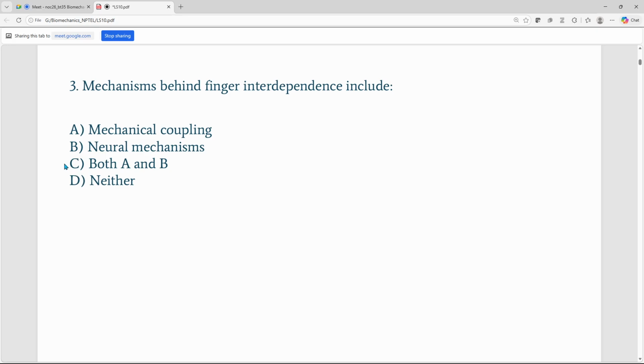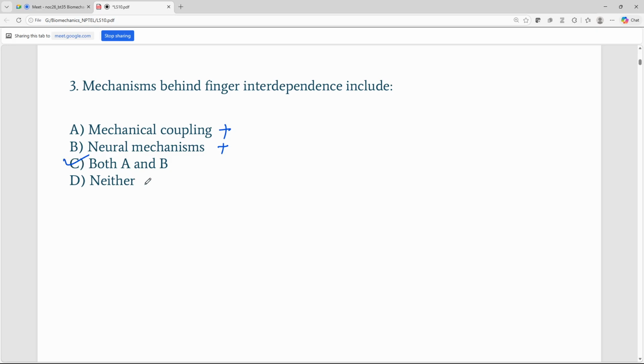Our answer is option C, that the mechanisms behind the interdependence of the fingers are both mechanical coupling and neural mechanisms. Both together have some degree of influence in finger interdependence.